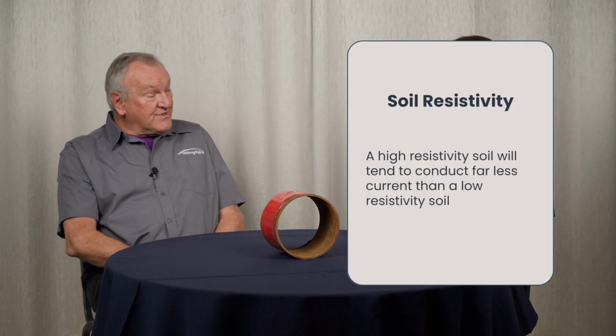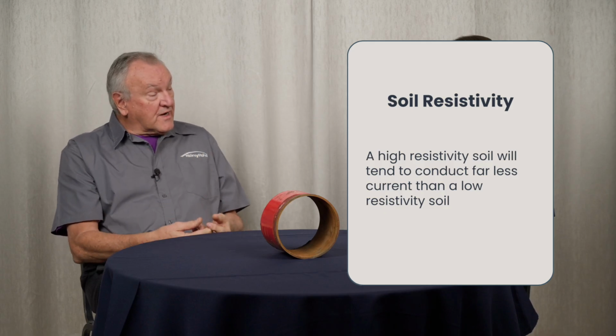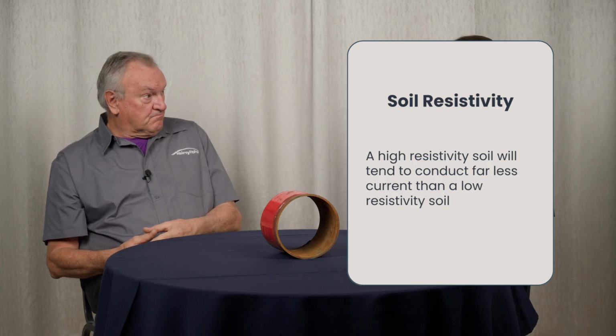So a high resistivity soil will tend to conduct far less current than a low resistivity soil. To give you an example, wet clay is highly conductive or has very low resistivity. Okay, so it's almost the inverse. It's the inverse. Sandy soil has a very high resistance, very high resistivity.